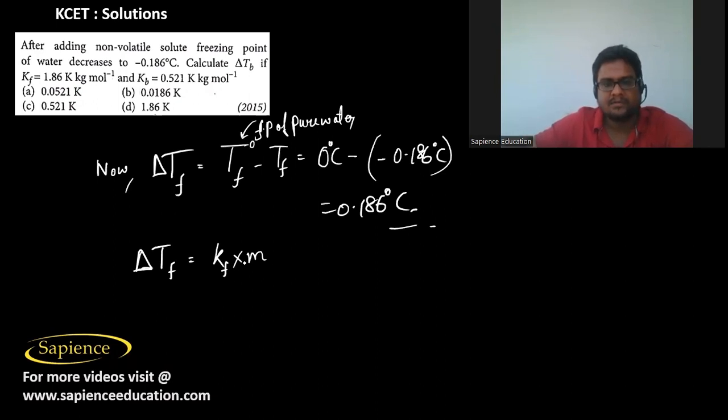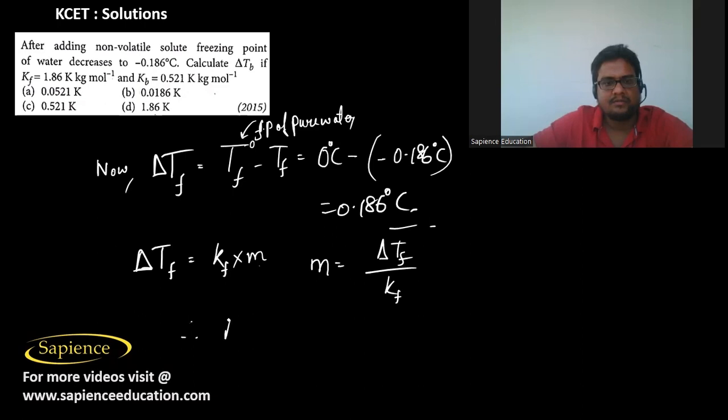So delta TF is equal to KF into m. Hence from here we can find the molality, which will be equal to delta TF by KF.